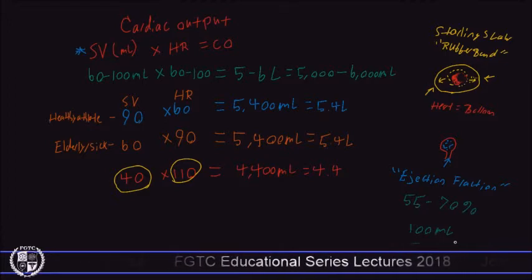Now, your ejection fraction can be diminished if you have an unhealthy heart, such as if somebody has had a myocardial infarction, or heart attack, before. And so their ejection fraction is lower.